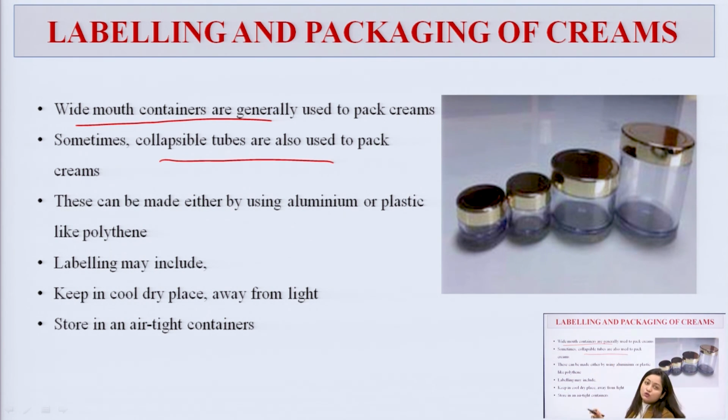Sometimes collapsible tubes are also used, depending upon the utility. If the cream is used quickly or often, collapsible tubes are used. They can be made from plastic or metal, but metal tubes are usually avoided in order to prevent leaching or contamination of our product.